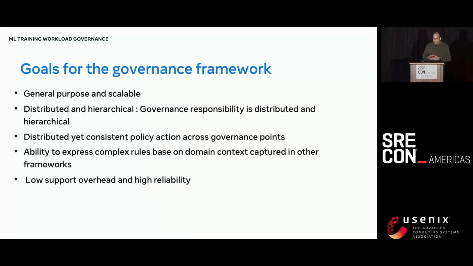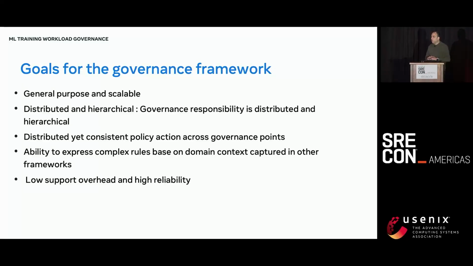So to achieve all these governance objectives, when we set out to build a governance framework, we had some top-line goals for the framework. Firstly, we wanted it to be a very general purpose framework, so we built it for training workload governance, and we can utilize it over other governance areas. Secondly, we wanted it to be a distributed and hierarchical solution.